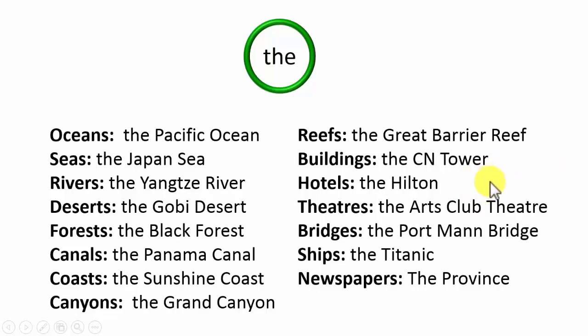Hotels, the Hilton. Theaters, the Arts Club Theater. Bridges, the Portman Bridge. Ships, the Titanic. Newspapers, the Province. One other thing I'll just show you as well is notice that "the" is always not capitalized unless it's at the beginning of the sentence. The only time that it's capitalized is when it's part of the name. And with most newspapers, it is part of the name. So with newspapers, "The" would be always capitalized.